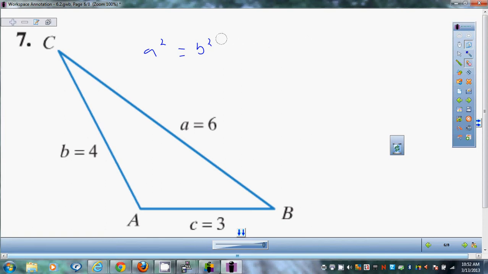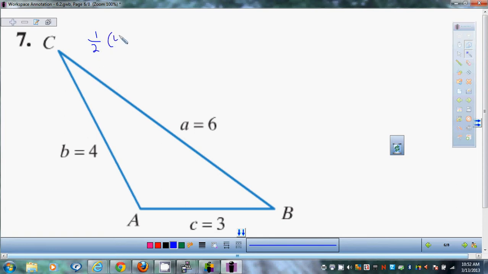Alright. 1/2 B C. This is so hard to write on this thing. Sine A.